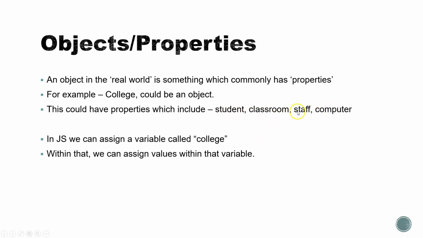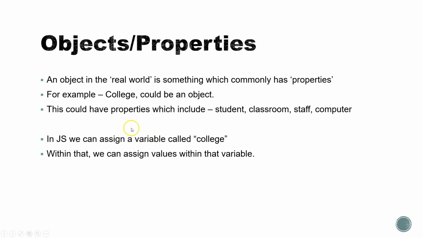Certainly something like student and staff. If you take a student into consideration, you could have age, name, qualifications, gender, any number of different things that could be their property. So don't think that just because something is a property in one instance it couldn't be the object in another.